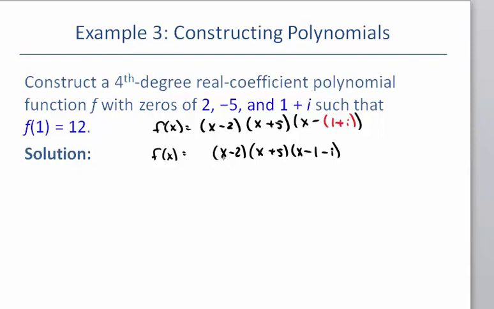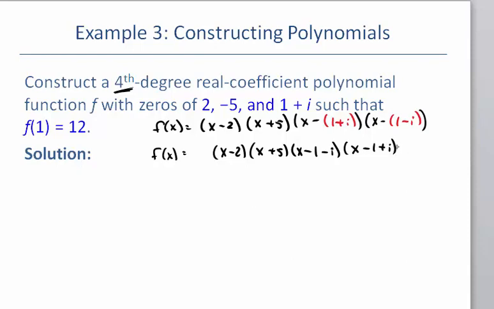Because when I look at my x's, 1x, 2x, 3x, this is a 3rd degree polynomial. We're supposed to have a 4th. So I have to think, okay, what did I miss? And I missed that conjugate pair. So we know that we also will have as a 0, x minus 1 minus i. Okay, remember that those complex numbers come in pairs.